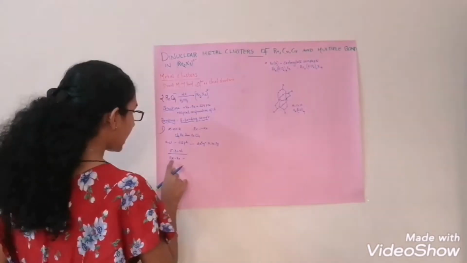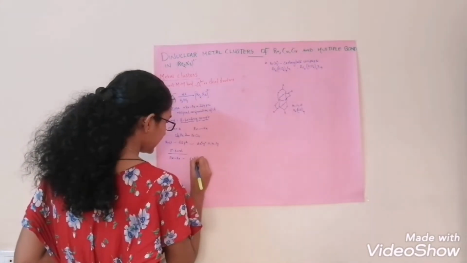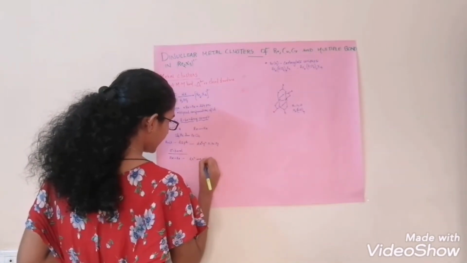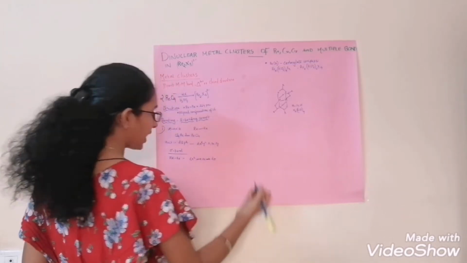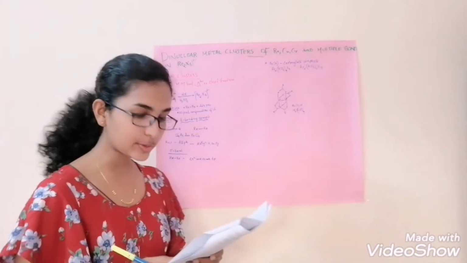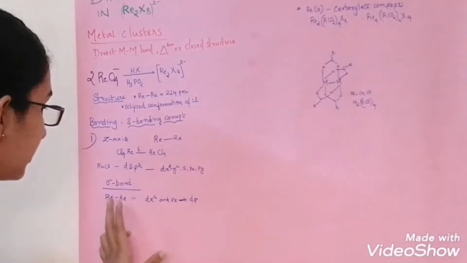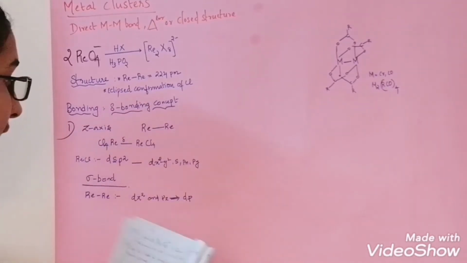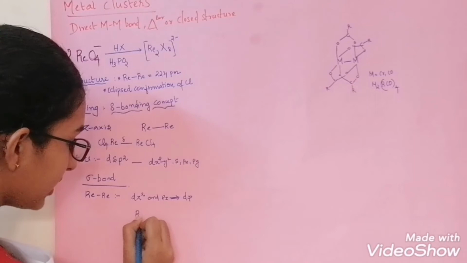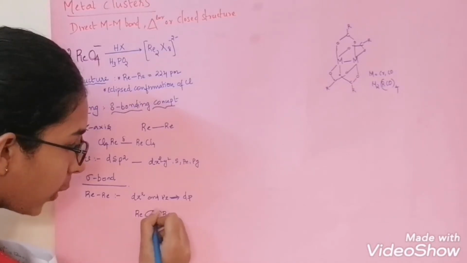So here the Re-Re bond is formed using dz2 and pz orbitals that form d-p hybrid orbitals. So the metal dz2 and pz orbitals lie along the bond axis and may be hybridized to form one orbital directed towards each other, and they overlap.